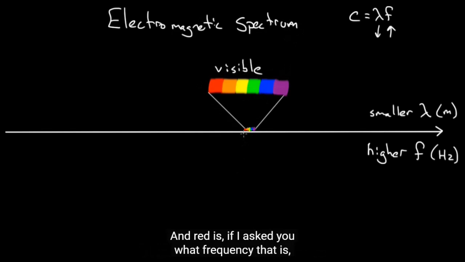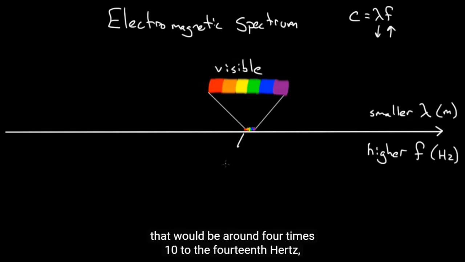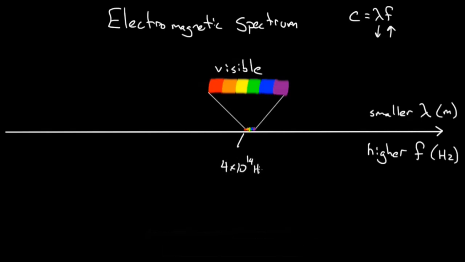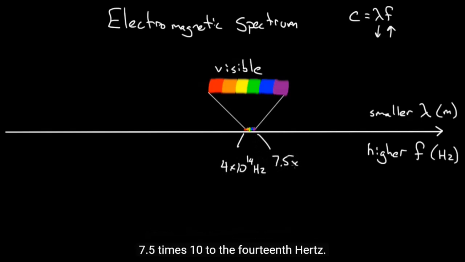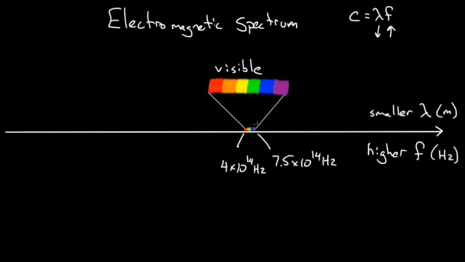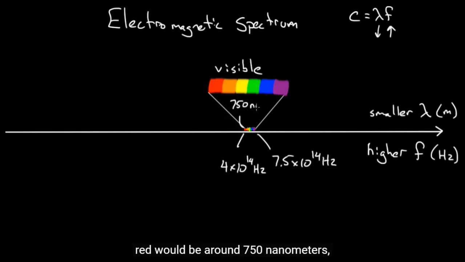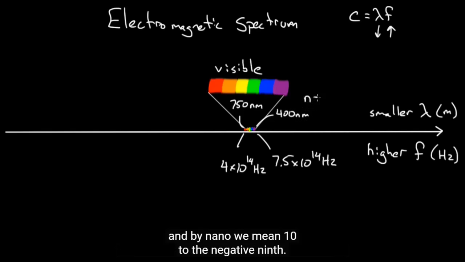Red is around 4 times 10 to the 14th hertz, and violet would be around 7.5 times 10 to the 14th hertz. Or if you wanted to talk about wavelength, red would be around 750 nanometers, and violet would be around 400 nanometers, and by nano, we mean 10 to the negative 9th.